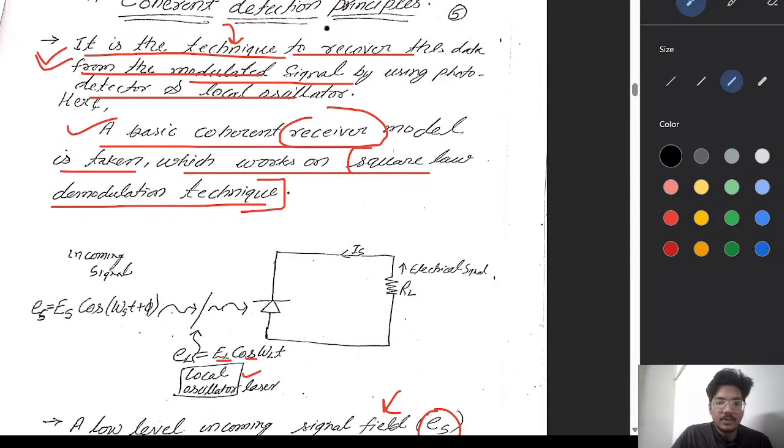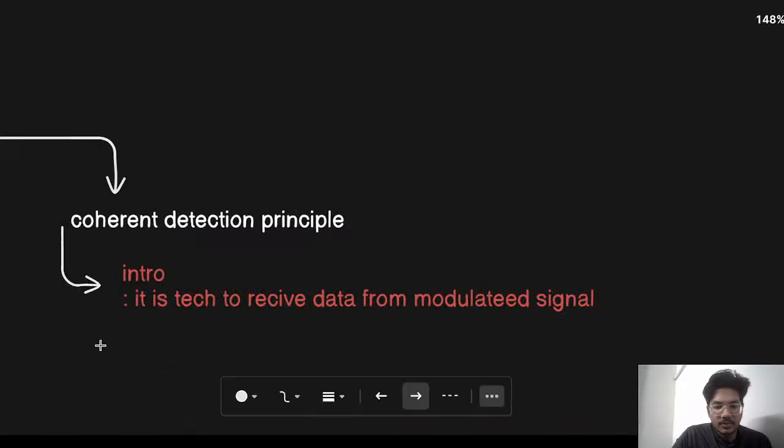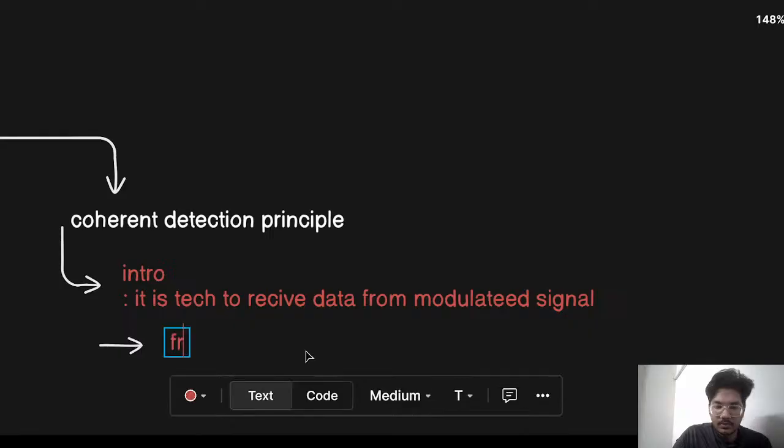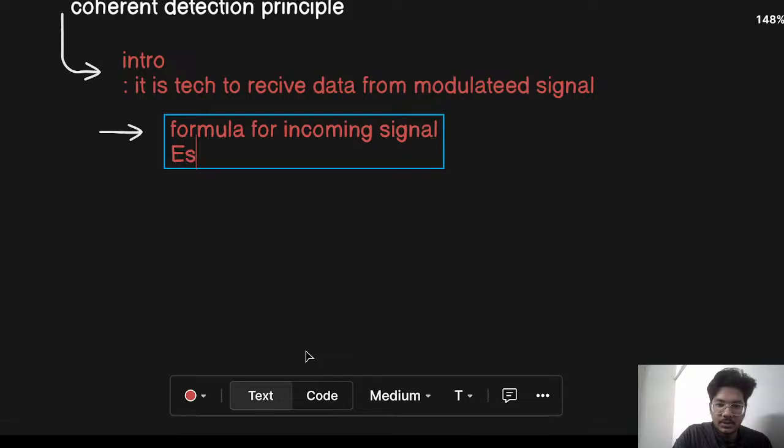Then we have to understand the formula for the incoming signal. For the incoming signal, Es is equal to Es cos of omega t plus phi.